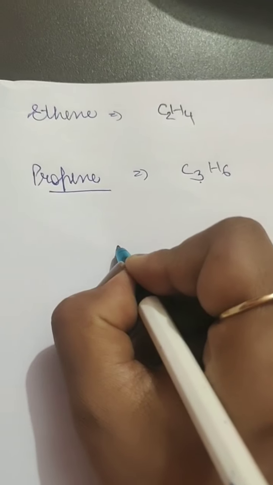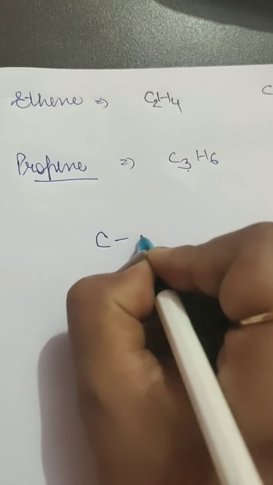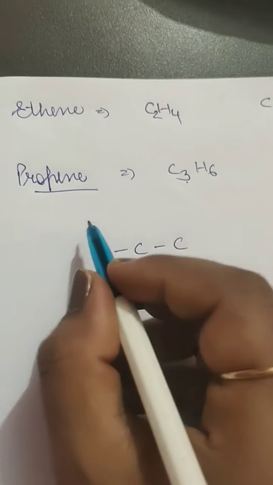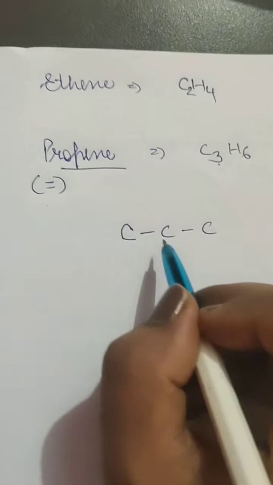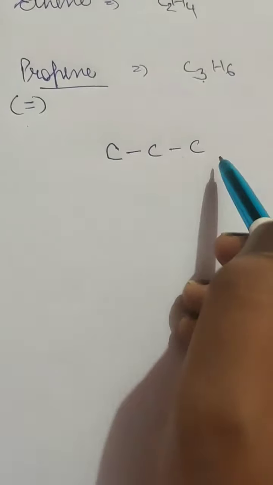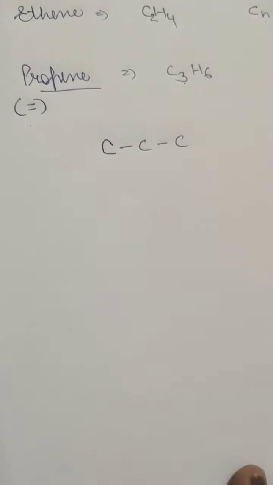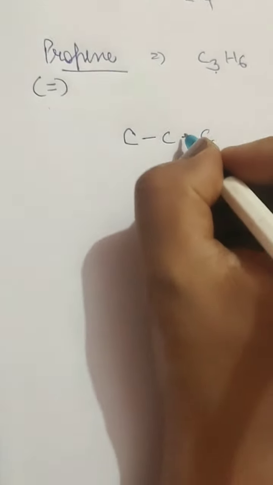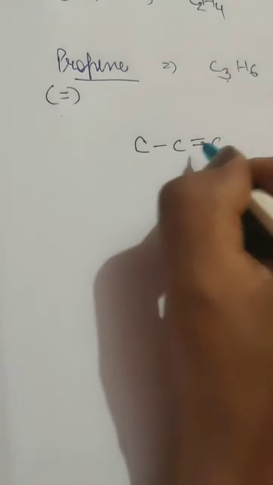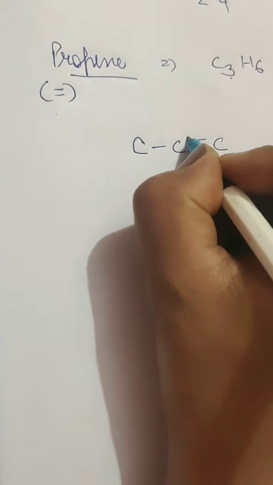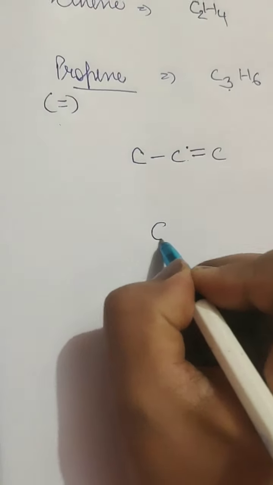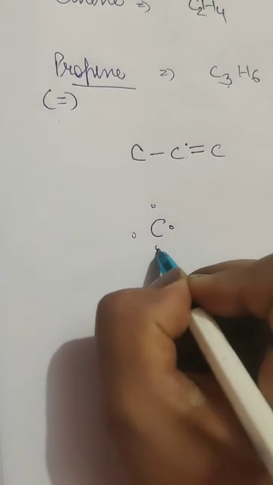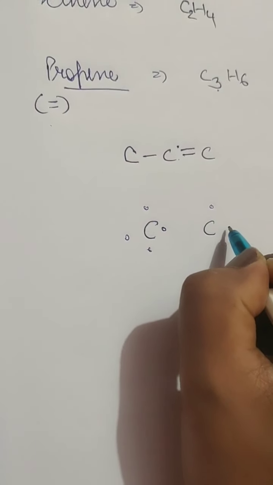If we expand this, C is 3, because it has a double bond, as 'ene' means a double bond. It does not mean that if one carbon has a double bond, then all the carbons have double bonds. Any one of the carbon atoms will have the double bond. If this carbon has a double bond, then those are fulfilled. Expanding this, this carbon needs 4 electrons.